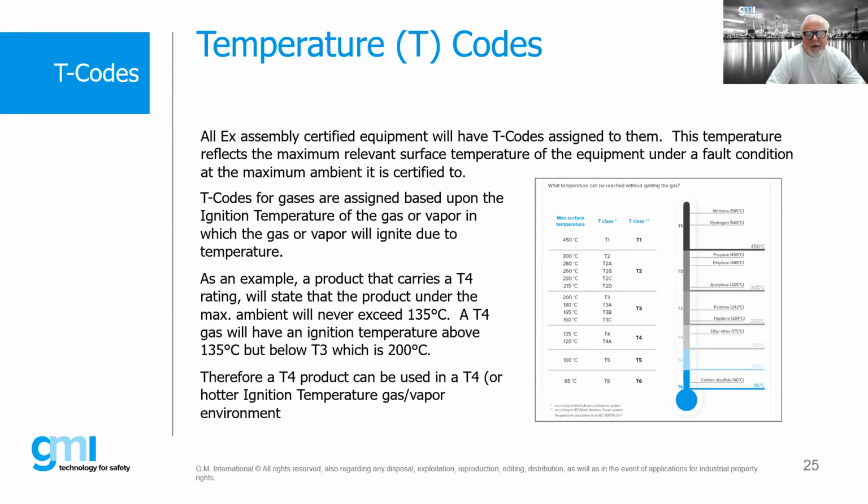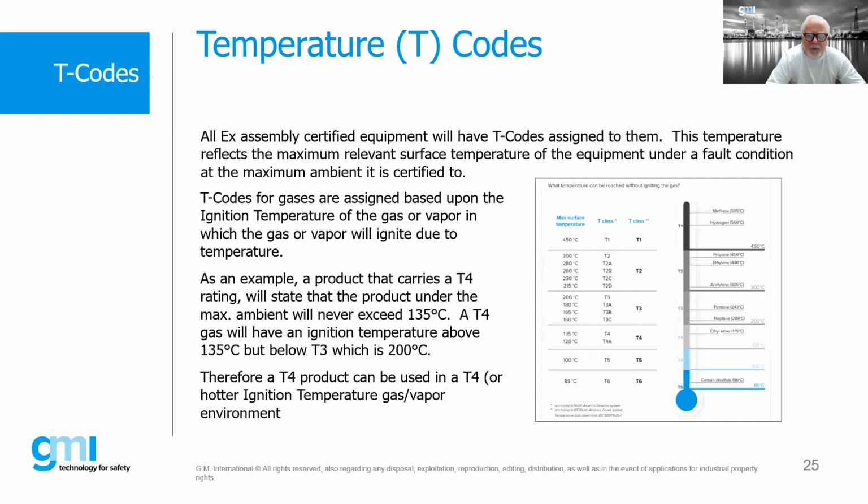And you're absolutely correct. You'll see products that will be marked with multiple different T codes based upon the ambient in which they're used. So you might see a product with, let's just say, a T4 rating at a 40 degrees C ambient. But the moment we put it into a 50 degrees C ambient, that product could potentially increase by at least 10 degrees, and that could push it up to maybe a T3 rating.